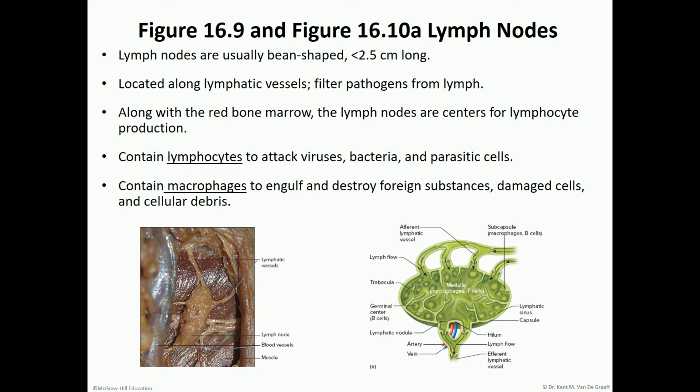Whether the T or B lymphocytes, those help in attacking any viruses, bacteria, or parasites found in lymph. The macrophages are phagocytic cells, so they are going to engulf and destroy any foreign substances trying to enter the body. They are going to destroy damaged cells or cellular debris that was filtered from the interstitial tissue.